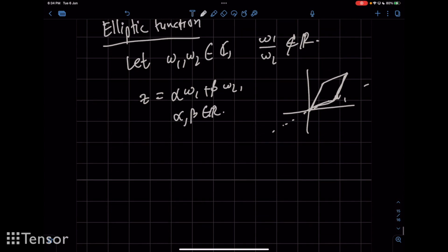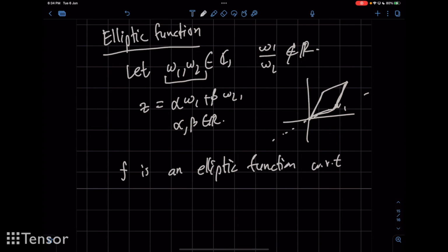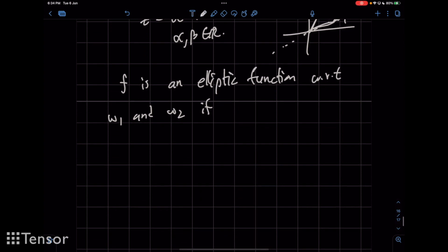Now I'm going to define what an elliptic function is. We call f an elliptic function with respect to omega 1 and omega 2 if the following condition holds.